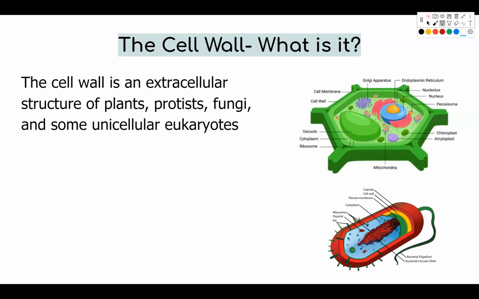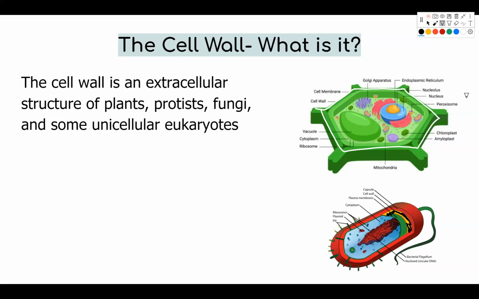So if we're looking at this bit right here, this plant cell, our cell wall is going to be this dark green along the outside. And if we were looking at this bacteria down here, this cell wall is with this yellow bit over here.